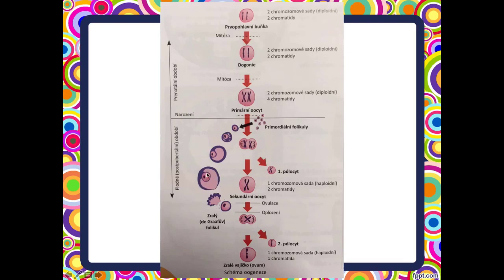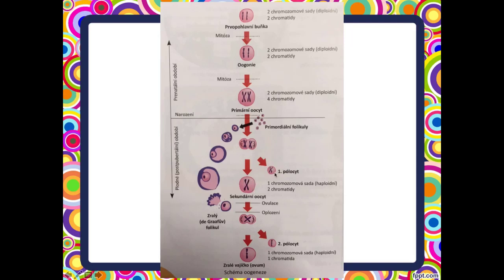When the Graafian follicle is formed, before the ovulation, the primary oocyte completes the first meiotic division and becomes the secondary oocyte, which is haploid. That means that during the first meiotic division, the chromosomes divide and the secondary oocyte contains only the haploid chromosome.